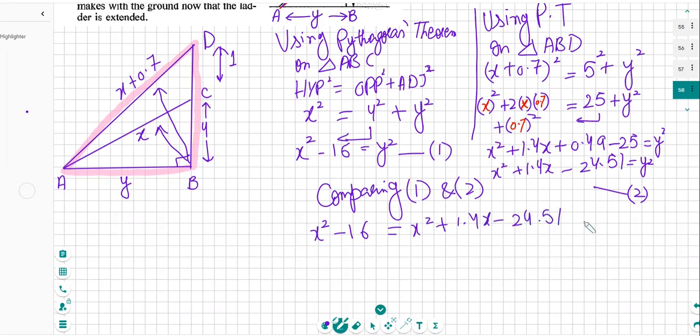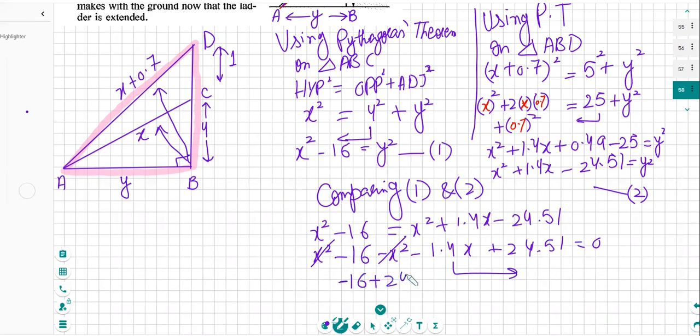Clear? This x squared and x squared can be cancelled. Shifting all of these terms to the left, we are left with 0 on the right-hand side. So x squared and x squared cancelled. Shifting this term, it becomes positive there: minus 16 plus 24.51. And on the other side it becomes 1.4x positive.